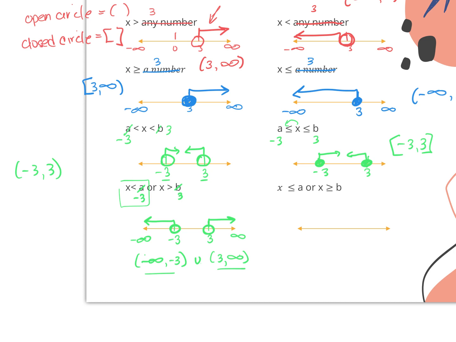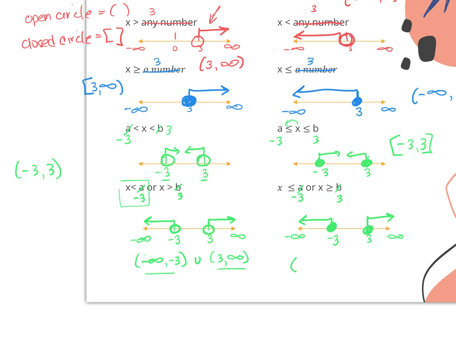So again, let's say we do this over here. And again, we'll say -3 and 3. So again, we have -3, +3, we have infinity and -infinity. And again, x is less than or equal to -3, so it's a solid circle, and then it goes to the left, and then this is a solid circle, and it goes to the right.